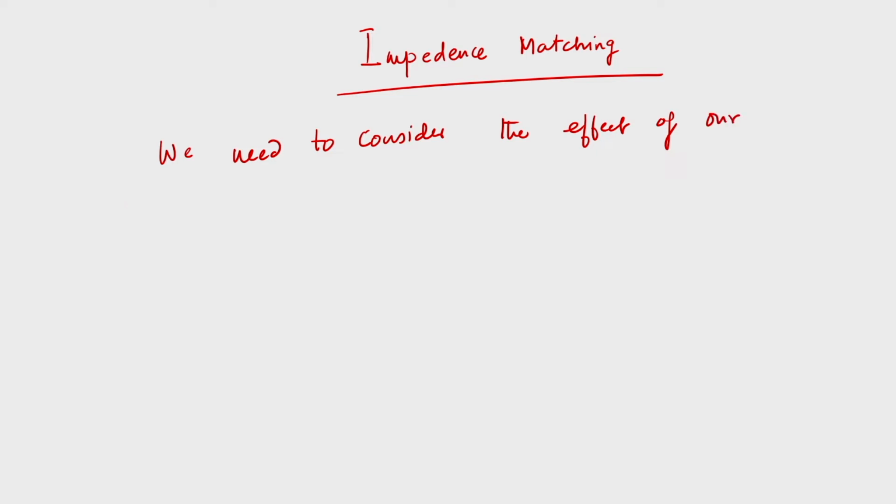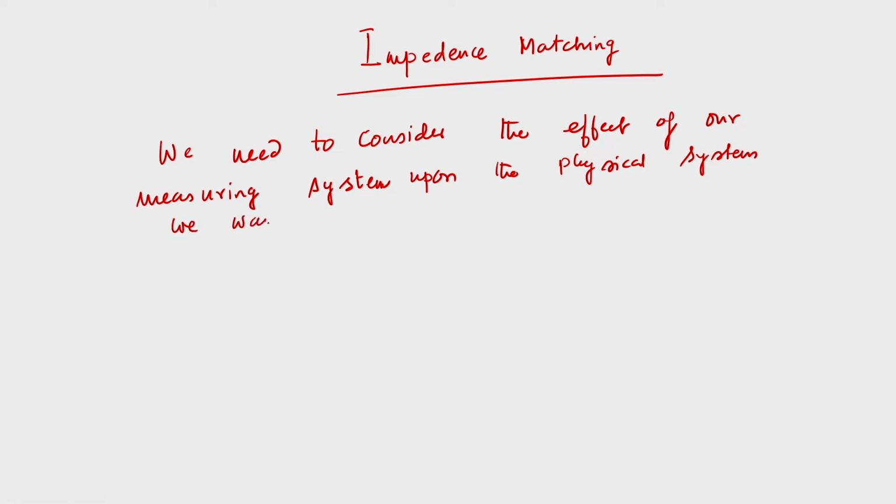We will discuss this again, taking an example: the effect of our measuring system upon the physical system we want to measure.